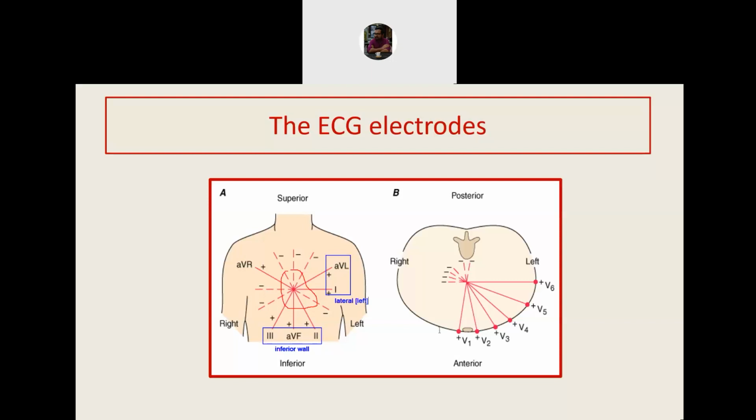And here again, if we remember what we have already discussed, V1 looks at the right part of the heart. Both V1 and V2 look at the septum of the heart.